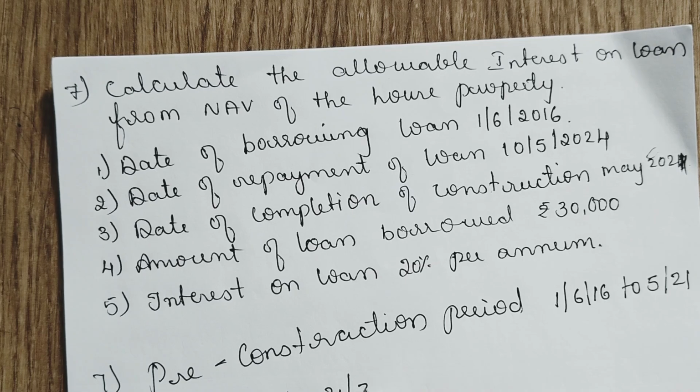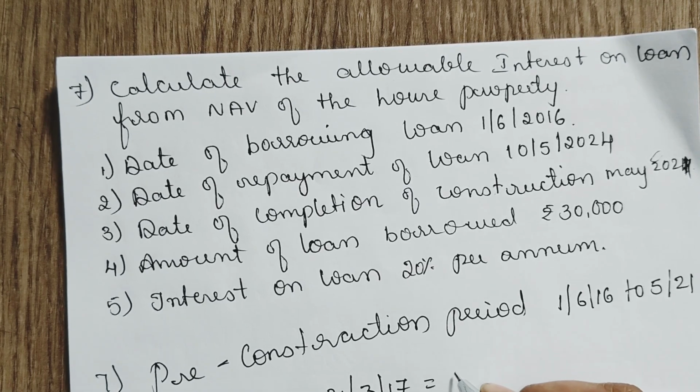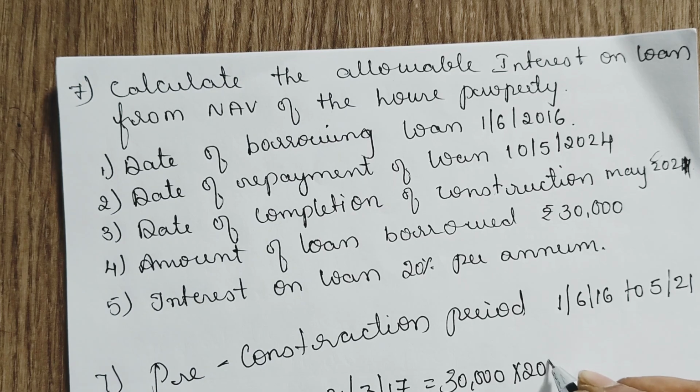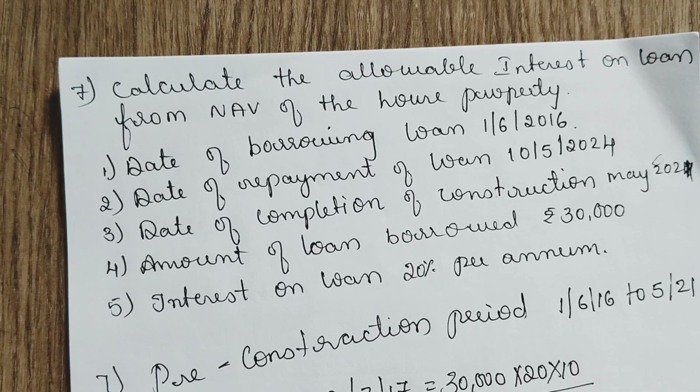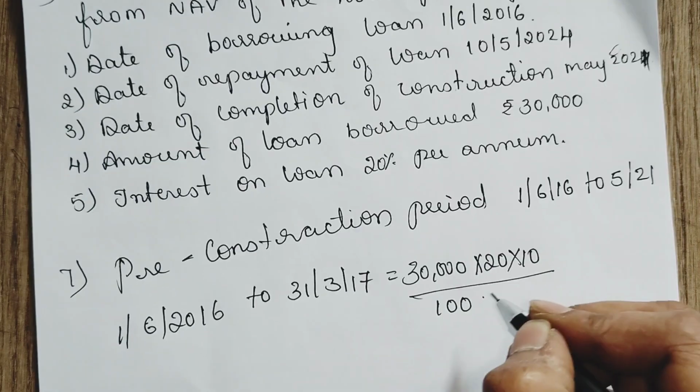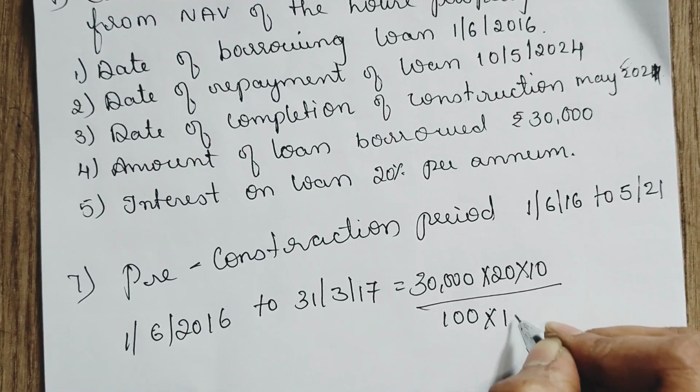31st March 2017. What is the amount of loan borrowed? That is 30,000. Rate of interest on the loan is 20 into 10 months divided by 100 into 12 months.